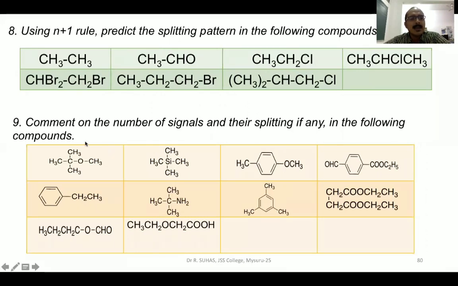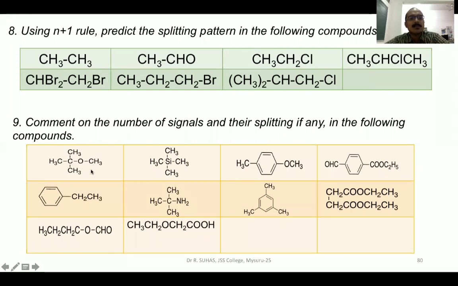The next question, comment on the number of signals and their splitting, if any, in the following compounds. Again, you have to predict the number of signals in this and you have to predict the splitting pattern, if at all there is any splitting. So here, this is a tertiary butyl group and this is ether type, that is methoxy. So you are going to get one peak for this and one peak for this.